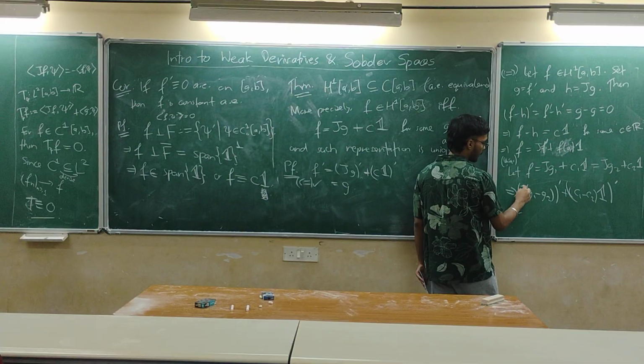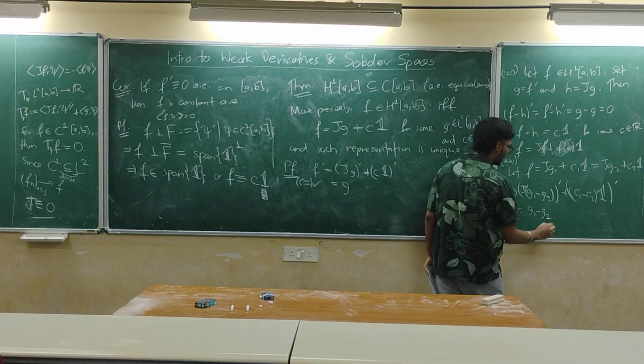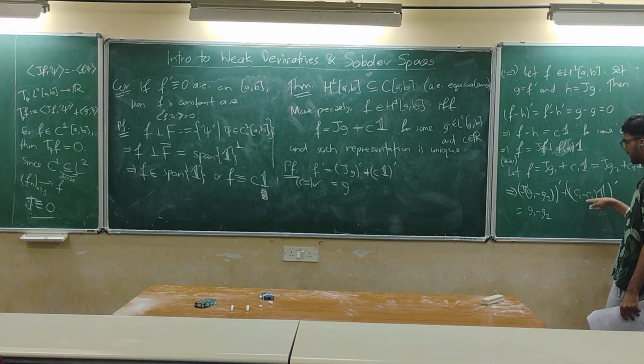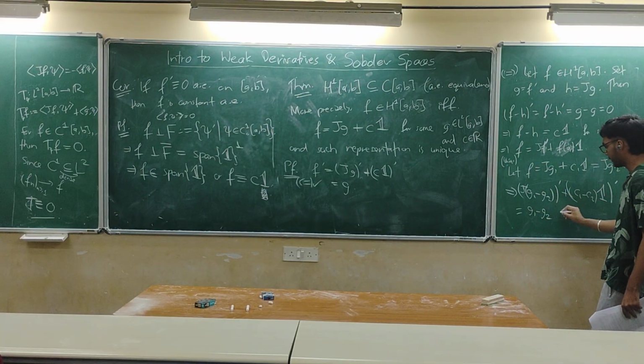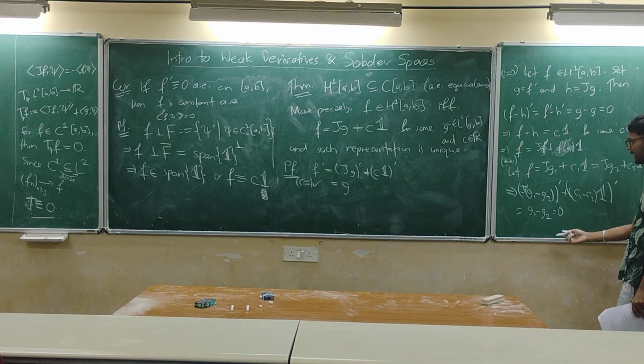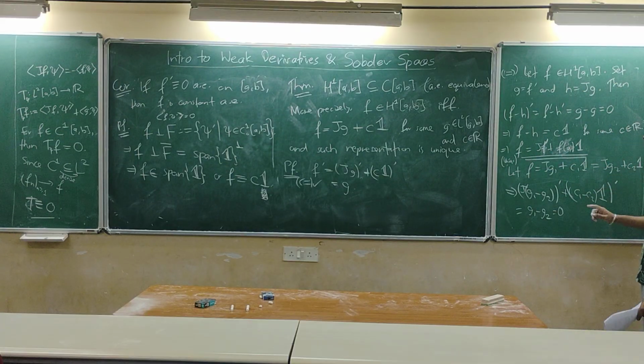This is the integral operator, so the differentiation is just g1 minus g2 itself. Since this is f minus f, the differentiation must be 0, which implies that g1 equals g2, which then implies that c1 equals c2. So the representation is unique, and that is this proof.